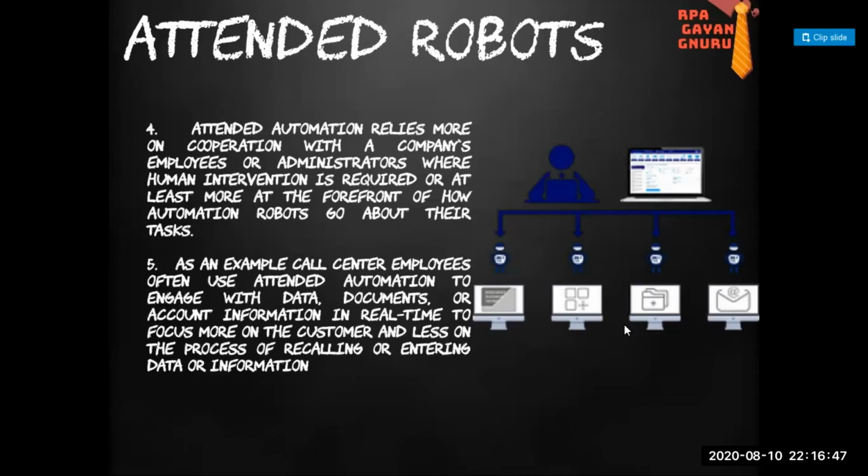The robot will do the rest by navigating between all these programs much faster than the employee can. Right. So this is a very good use case of RPA for BPOs and KPOs and stuff like that.